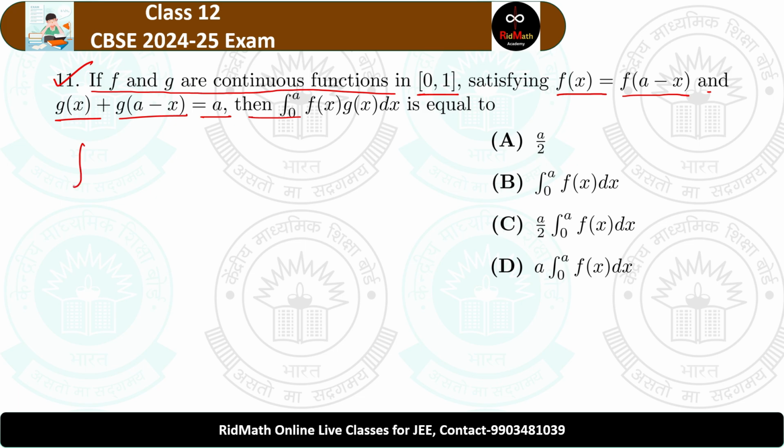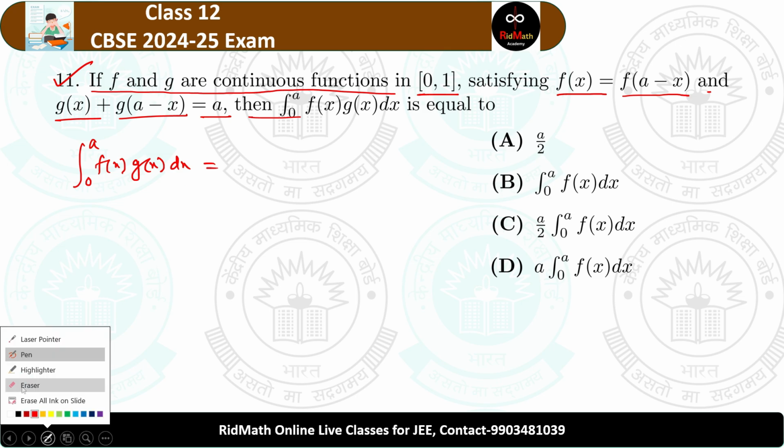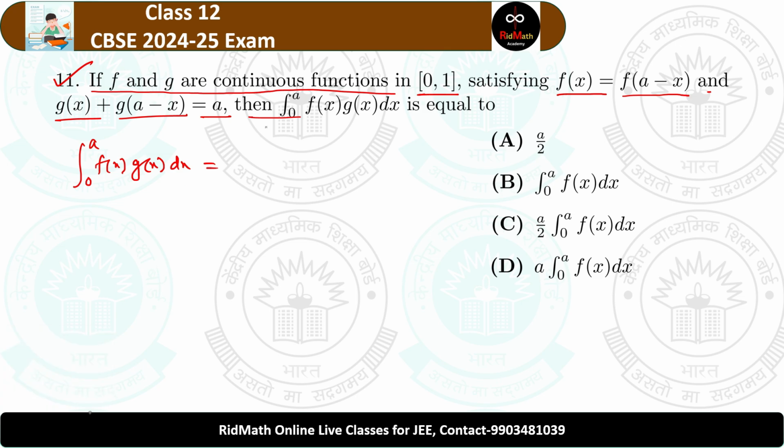So the integral is 0 to a integration f(x) into g(x) dx. Recall that there was a property of definite integral, that integration 0 to a f(x) dx is equal to integration 0 to a f(a minus x) dx.